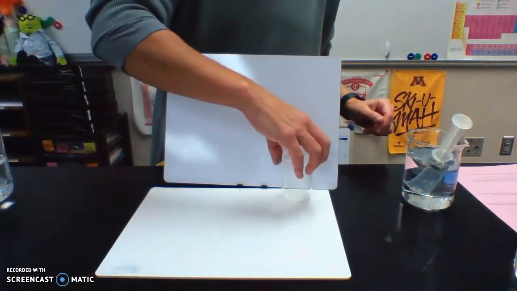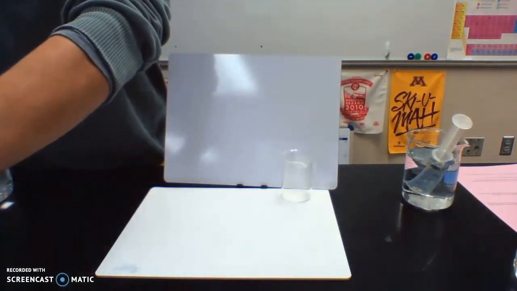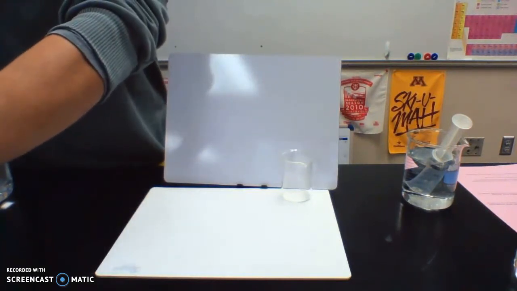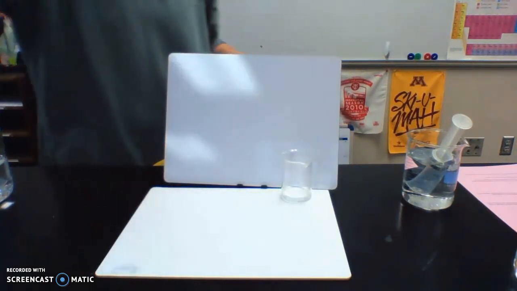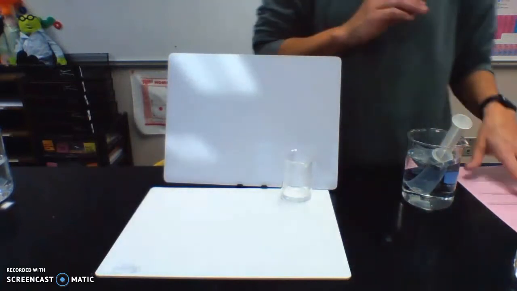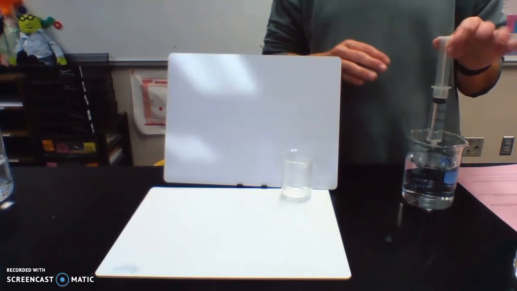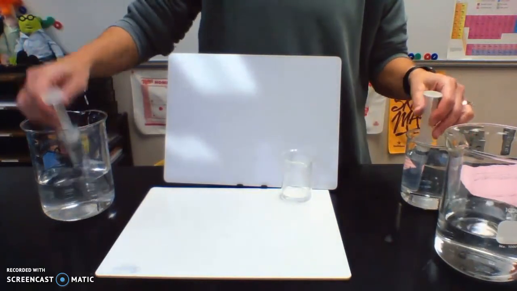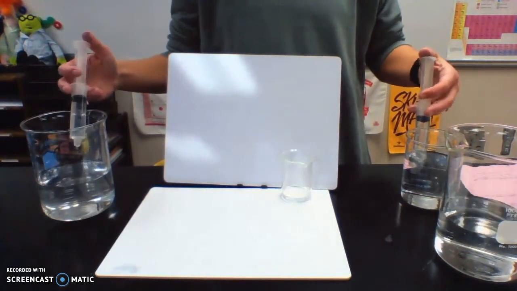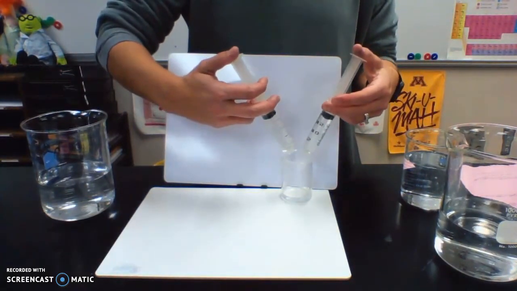Now let's repeat this. I've got a new beaker, and I'm going to add 10 mils of B again. Now we're going to manipulate the concentrations of solution A and solution C. B isn't going to change; we're only going to change one at a time. For A, I took 15 milliliters of A and added 5 milliliters of water. For C, I took 20 milliliters still. So this is mixture number 2. Same thing, get your stopwatch ready. Ready, set, go.